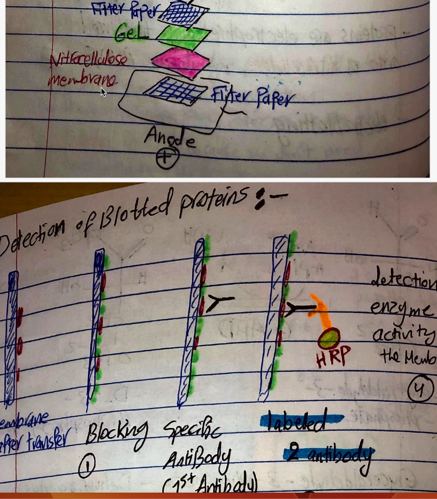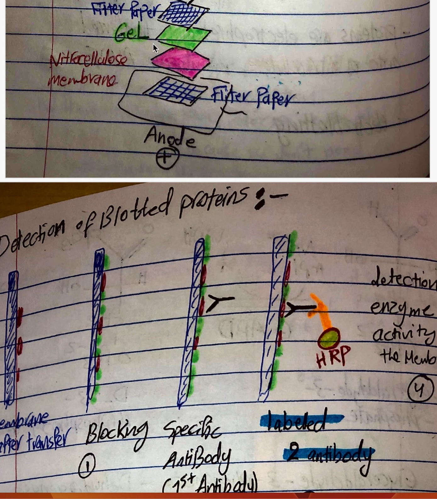Sometimes they also put a sponge, which maintains proper pressure during the transfer. And one of the components of the transfer buffer is methanol, which is used because it facilitates the binding of these proteins to the membrane.